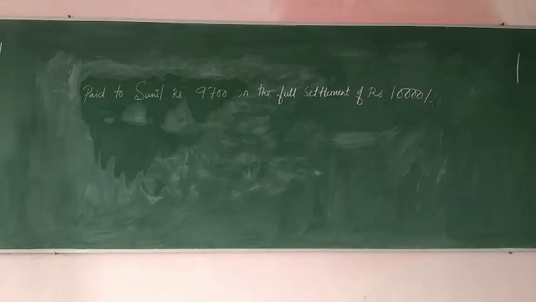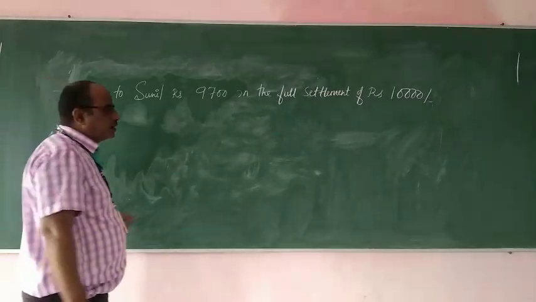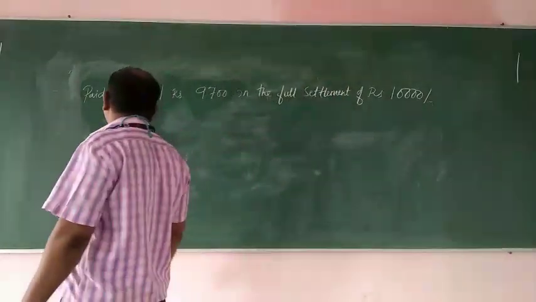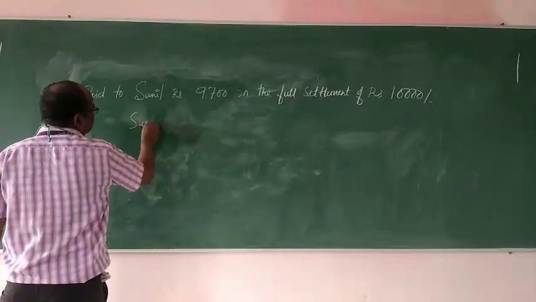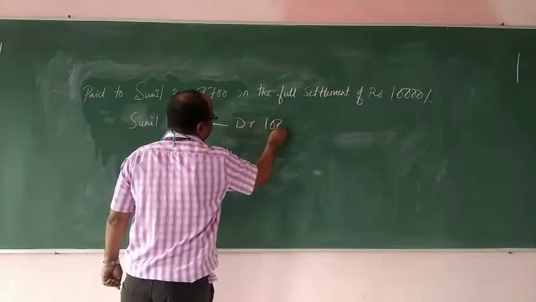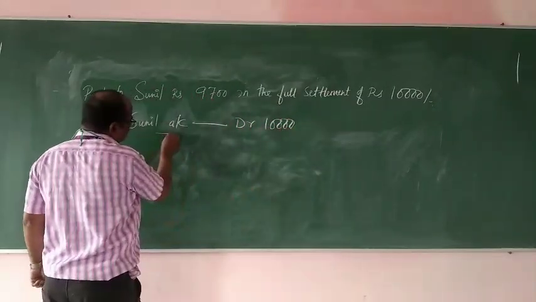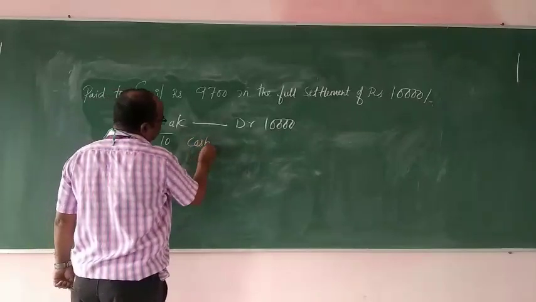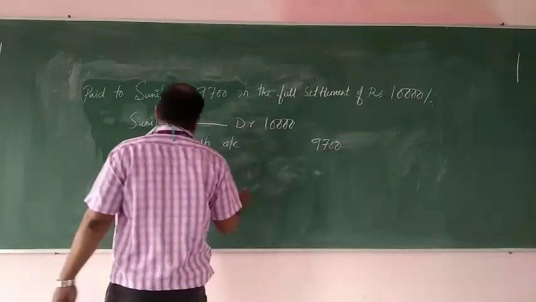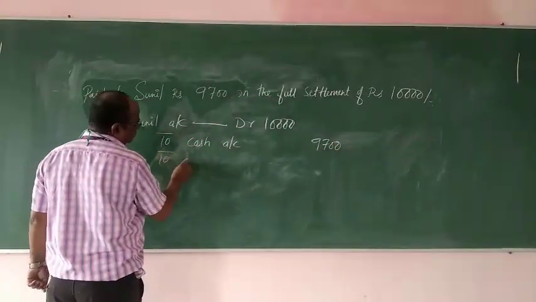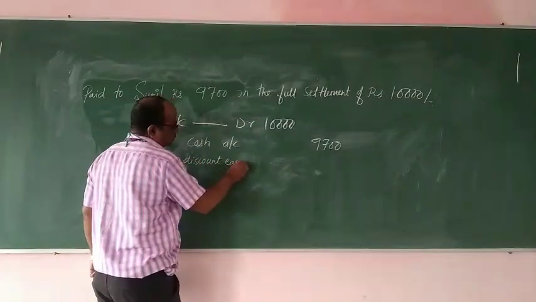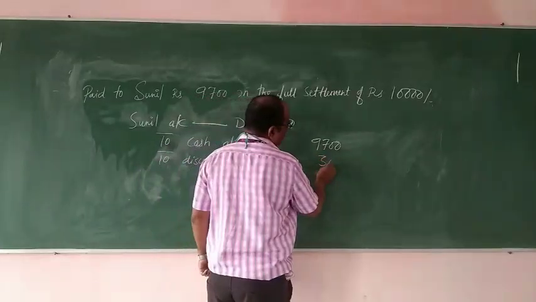Discount. So we will pass the similar entry that I had passed in the last transaction. That is what I will do here. Sunil account debit how much? 10,000 to cash 9,700 to discount earned rupees 300.